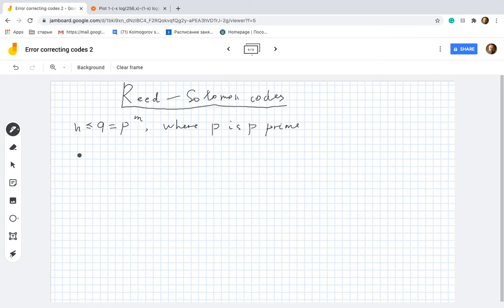For any such n and q, there is a Reed-Solomon code whose parameters are n, the rate might be any, and the distance will be as required by the singleton bound, that is n minus k plus 1. These are the parameters of the code.